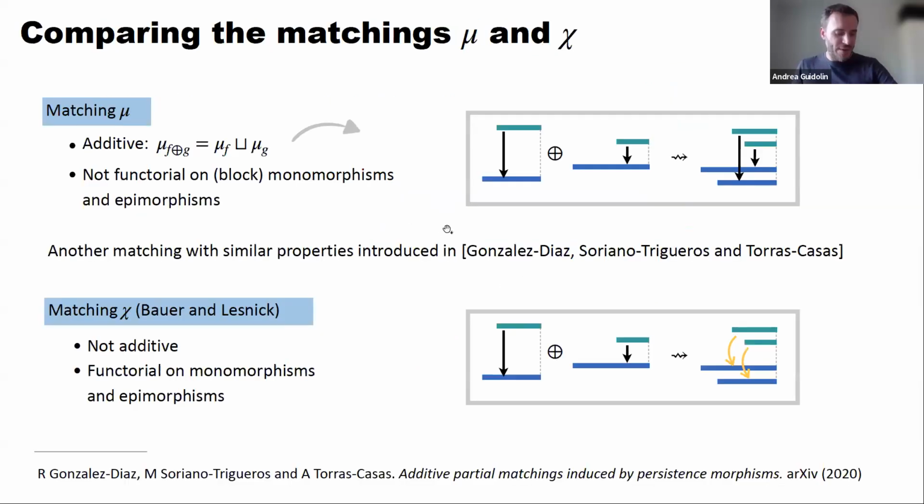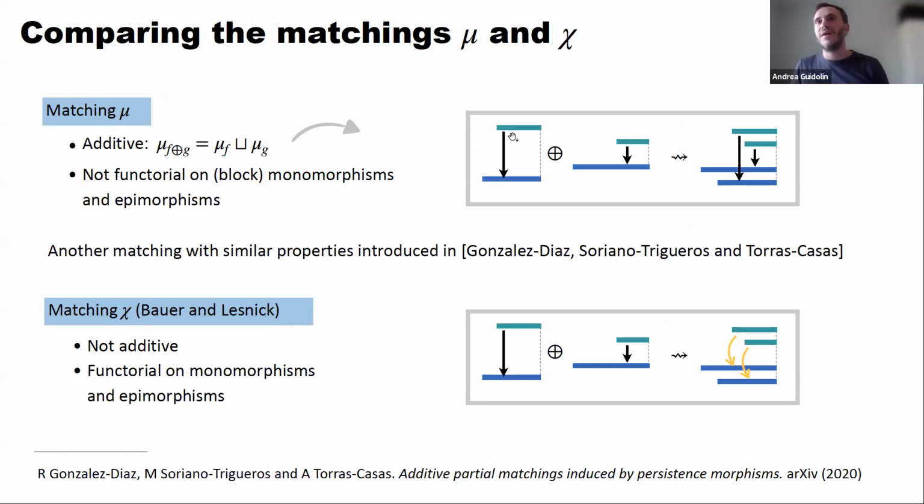Okay, it's time to compare the two constructions. Our matching mu is additive, which means that the matching induced by a direct sum of morphisms is the disjoint union of the two matchings. And here's a picture to represent that.